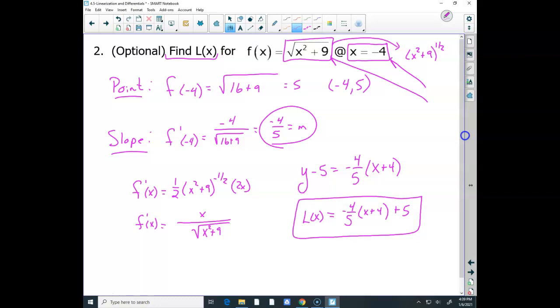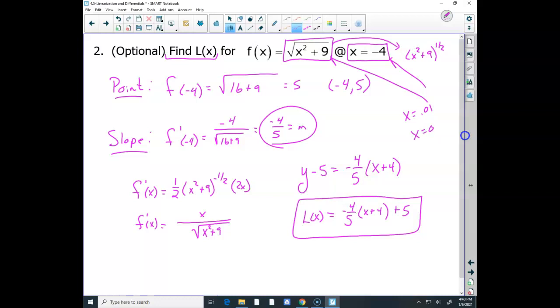And if I needed to do it at, let's say, 0, well, obviously we wouldn't want to do that, but if I wanted to approximate what x equals 0.01 gives, that's not going to be super easy, but I could linearize it when x equals maybe 0.